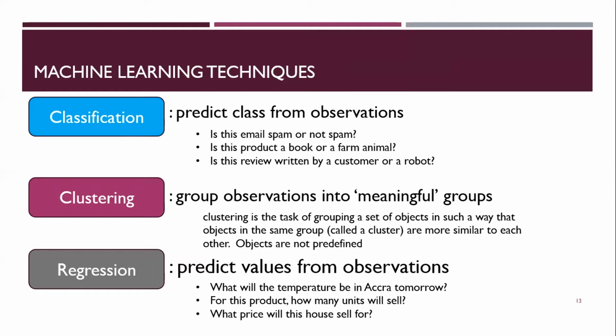You could provide the model with an image of a person, and based on the images of so many people that the model has seen, you can tell that, okay, this person is 10 years old, this person is 30 years old or 40 years old. So regression is used to predict values. Another example is what will be the temperature in Accra tomorrow. It gives a scalar value.